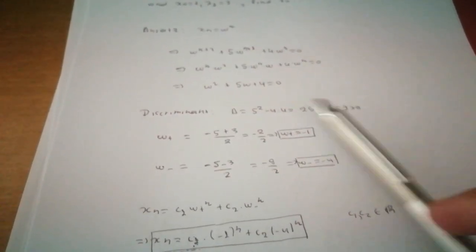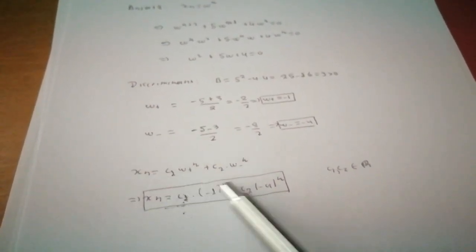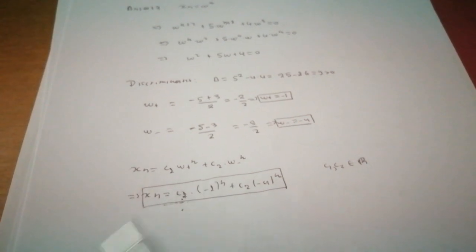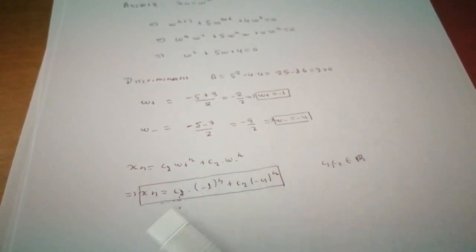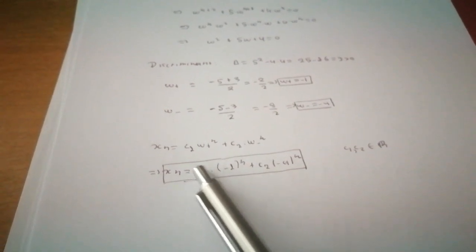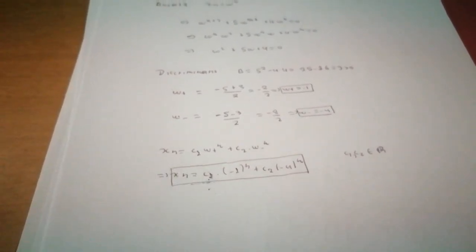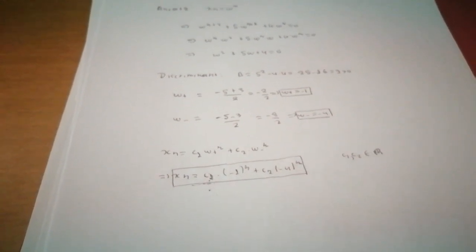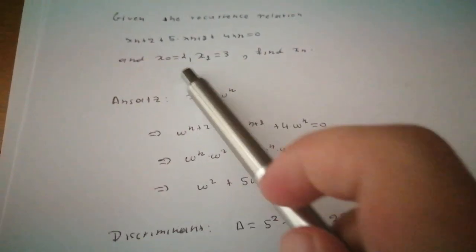We find the discriminant, we compute the two roots, and then we write the general form of x_n in this way: c1 times omega plus to the power of n plus c2 times omega minus to the power of n. These c1 and c2 are real coefficients, and we obtain a general expression with c1 and c2. Now, in order to determine c1 and c2, we use the initial conditions over here.